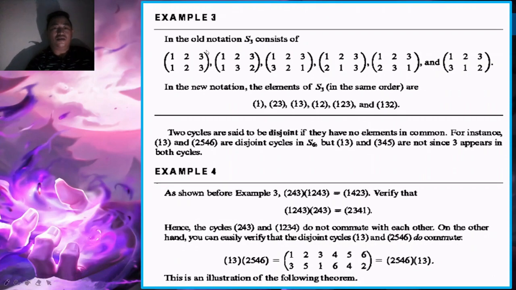Okay. So in the old notation, S3 consists of these.